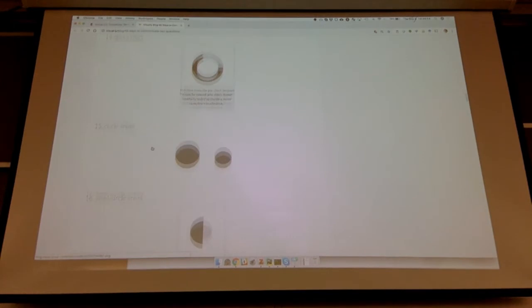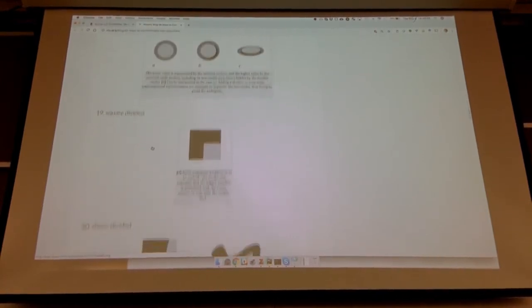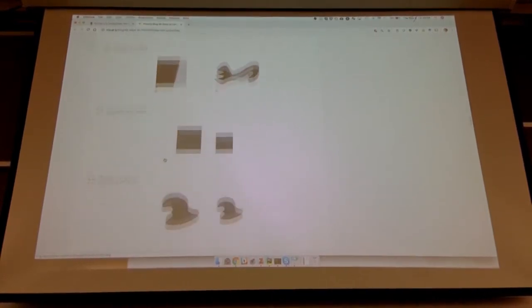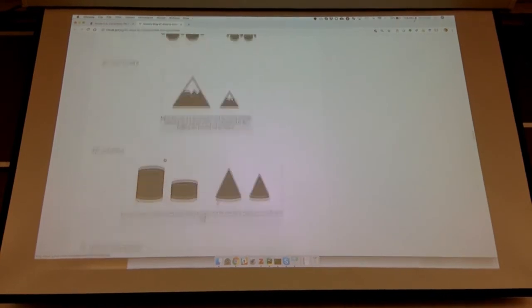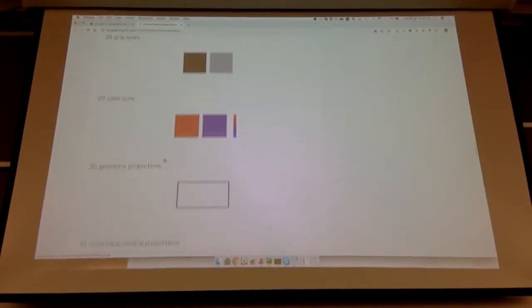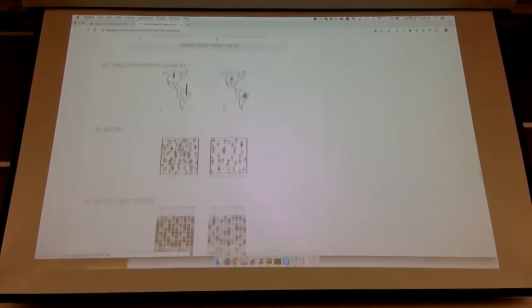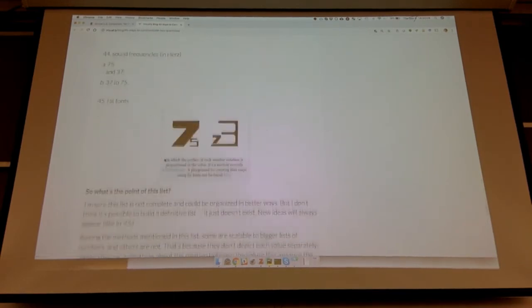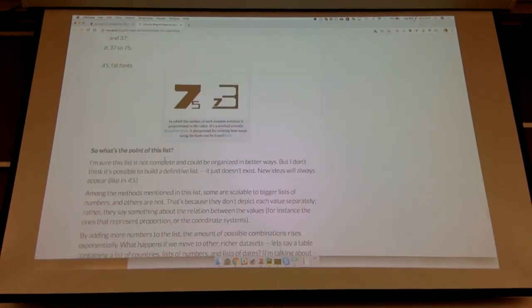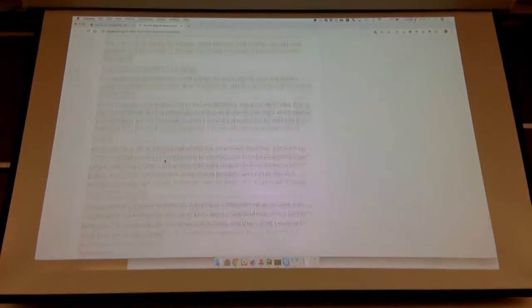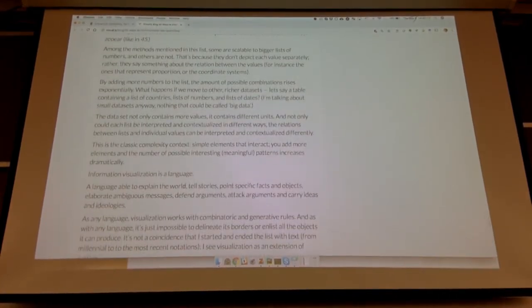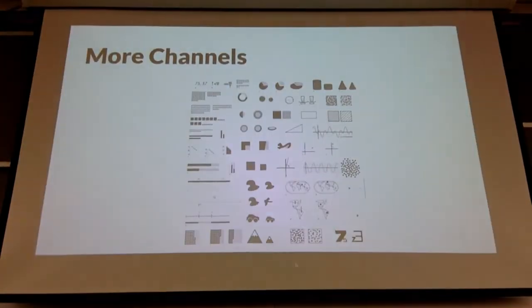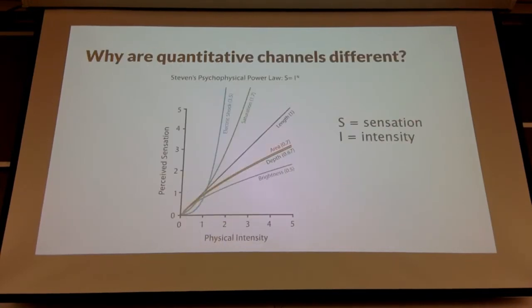We get into more esoteric ones a little bit later, like here shapes, or icon surfaces, or heights of icons. And these are all possibilities, but this is an interesting piece. Fat fonts, I'll talk more about that in the map lecture. These are possibilities, but they're of course not all good choices. And so, why are they not all good choices? Why are these quantitative channels especially different?